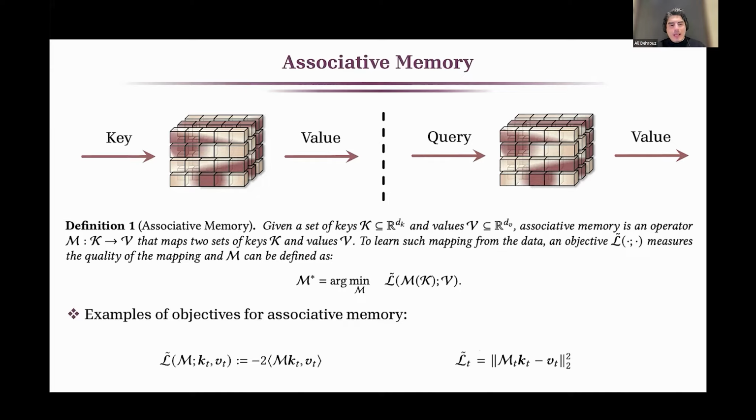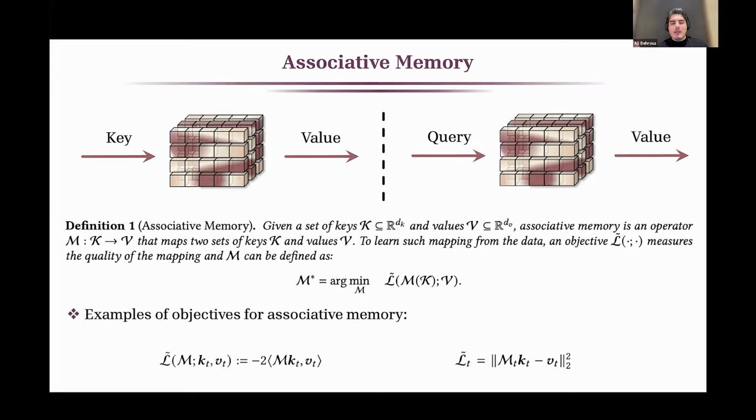There are very simple examples of this objective. For example, we can see the process as a form of regression and say that, let's assume this mapping is just a simple linear function, and then M is a matrix. Then we can simply say it's a regression task, where we want to predict the value of V based on K. So the output of the model would be M times K_t, and the actual label is V_t.